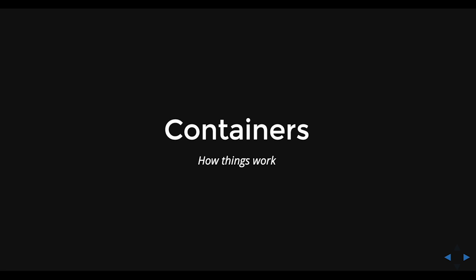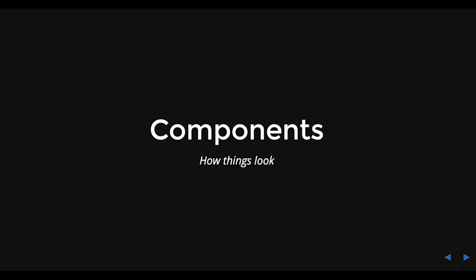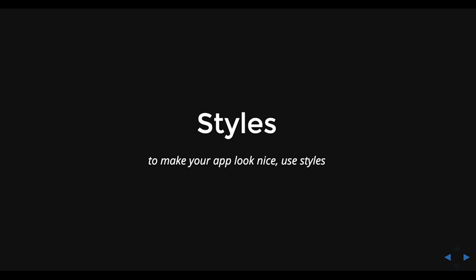So the first thing we'll talk about is containers, which are essentially just components, but we're calling them containers. And they are concerned with how the things work and the logic behind them. Our components are going to be worried with how the things look. A lot of times they're called presentation components. And then of course we have styles, which in order to make your app look nice, you're going to use styles.